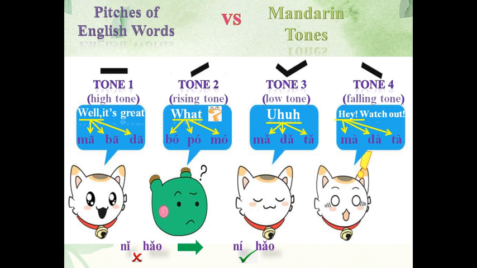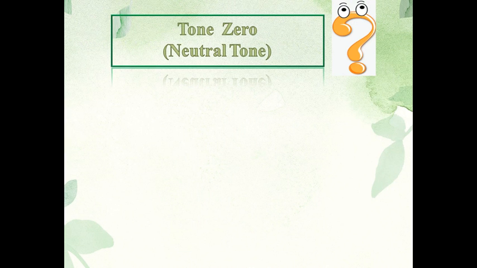No. Don't forget, we still have tone 0. Tone 0 is also called natural tone. For this tone, is there any connection between English and Mandarin? Yes, there is. When somebody requests some help from you and you are willing to help, you might say, sure.